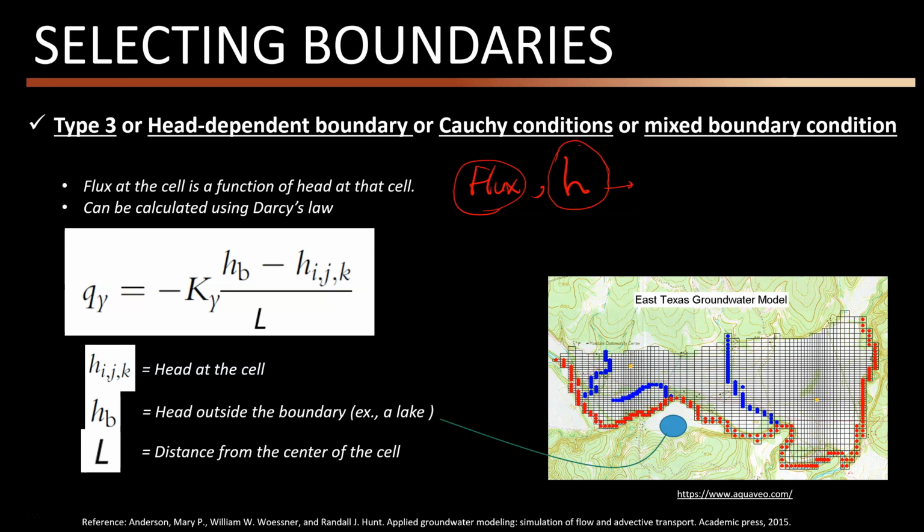And you see that technically most of the time we have a water body outside of the system. For example, assume that there is a lake here, and we know that this lake gives water into my aquifer, but I'm not interested in solving what is going on here.